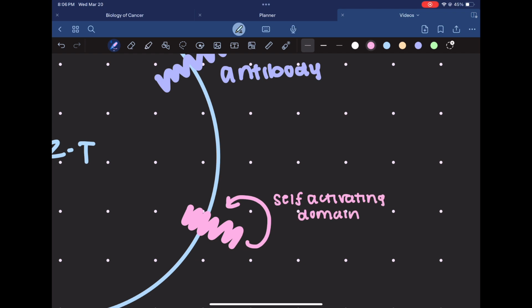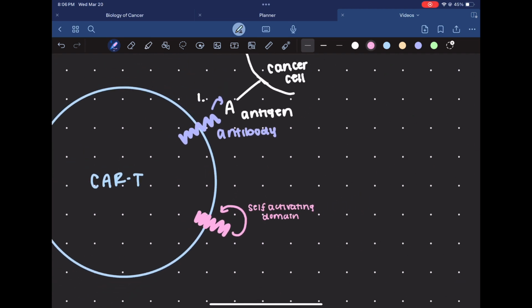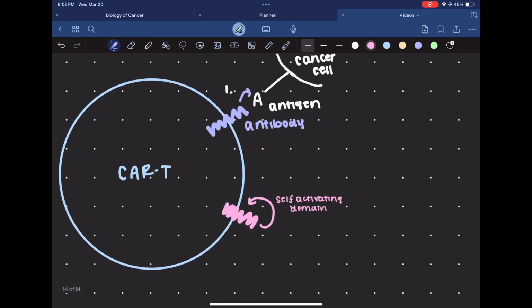So again, in prior videos, we talked about how T cells, or we've also called them CD8 plus cells, need to be activated by multiple molecules before they can attack the cancer cell. Here we're adding a self-activating domain that skips over this step, and our T cell is able to activate itself. That's our second modification.